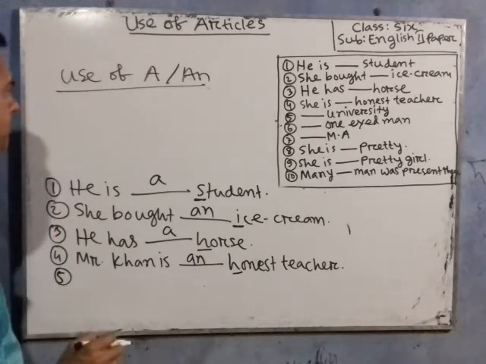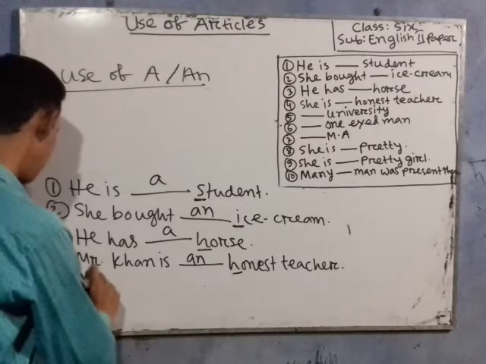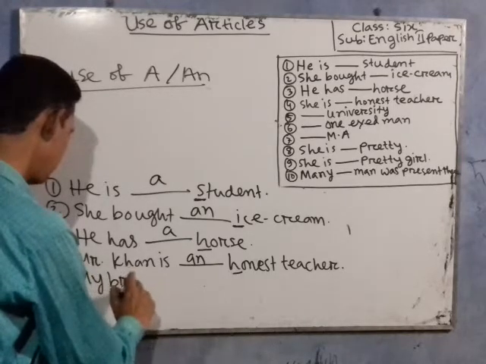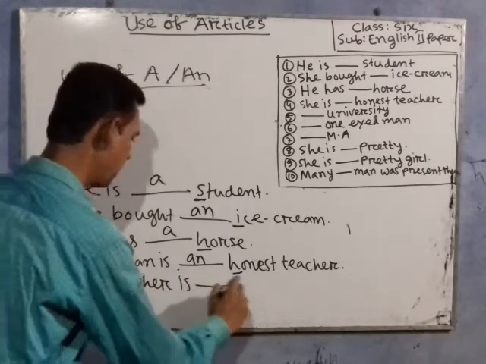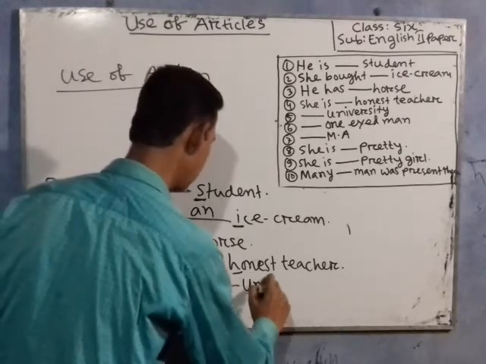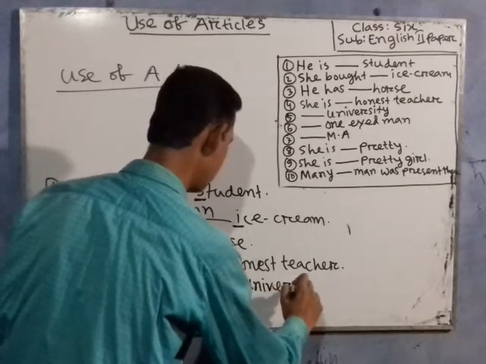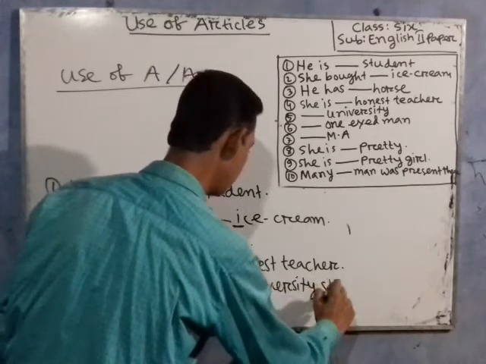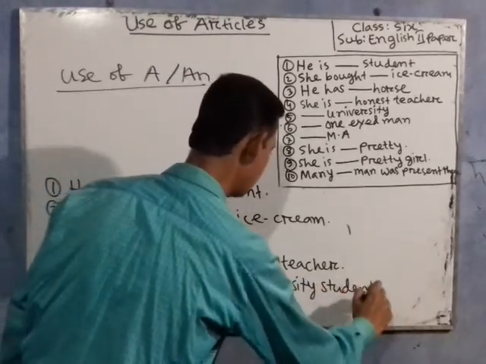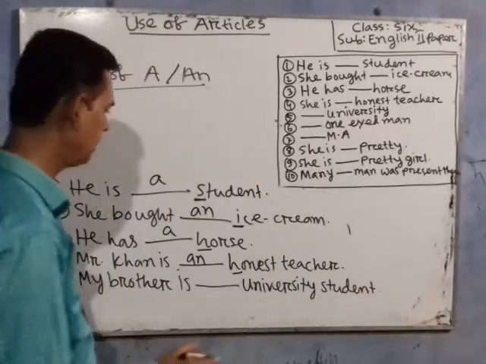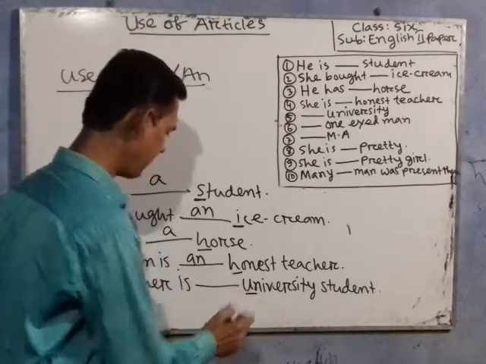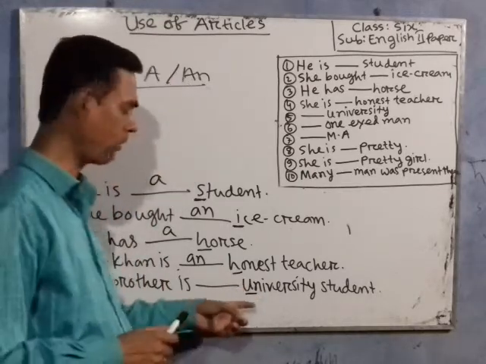Another example. My brother is dash university student. Here U is given, and you know that U is a vowel.